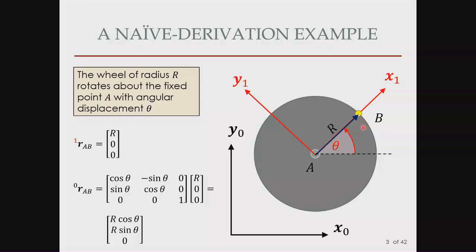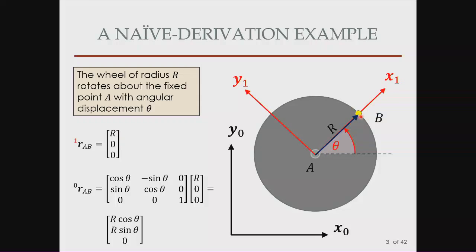Now, in terms of position, the position of B relative to A. When I say relative to A, I mean absolute, because A is stationary. So the absolute position of point B is, you can look at it as R, 0, 0 along the red axis, frame 1.